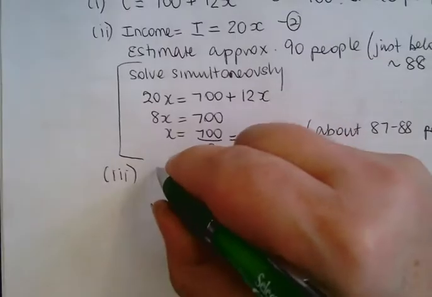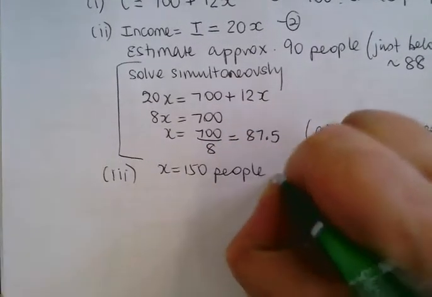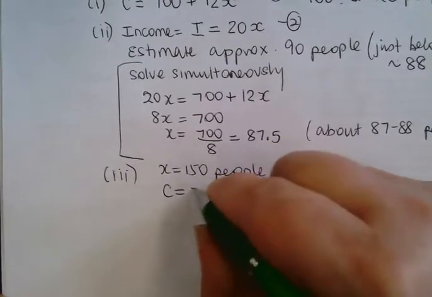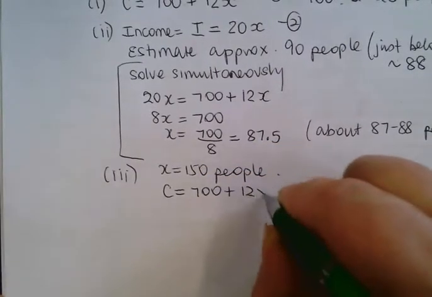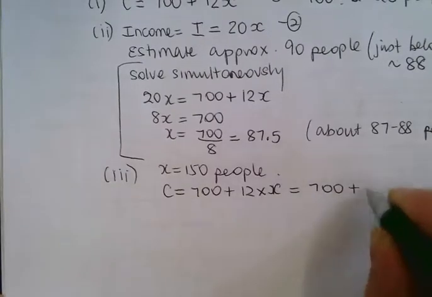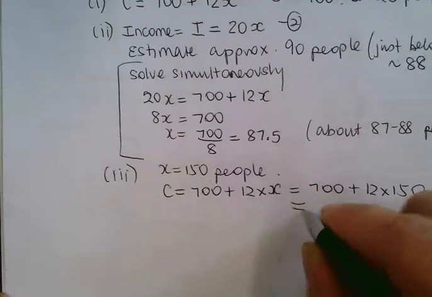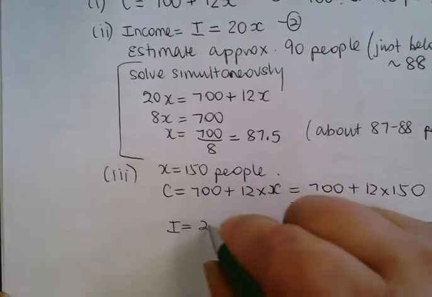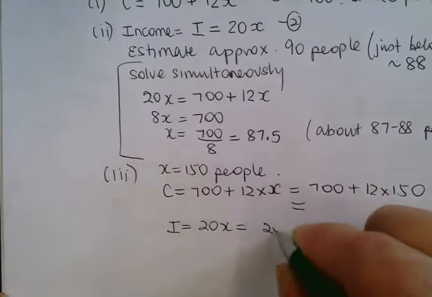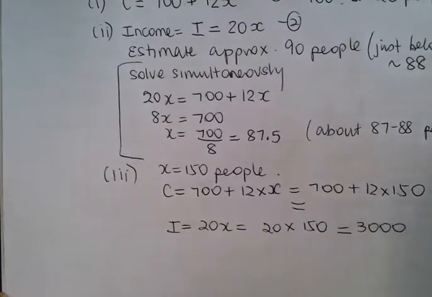So, for X is 150 people, C equals 700 plus 12 times X, which is 700 plus 12 times 150. And then you can work out the income is 20X, or 20 times 150. Is that 3,000?